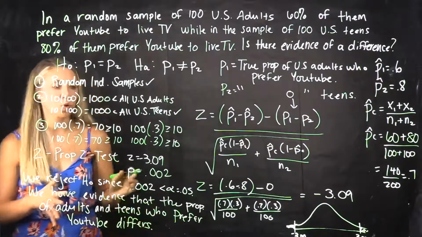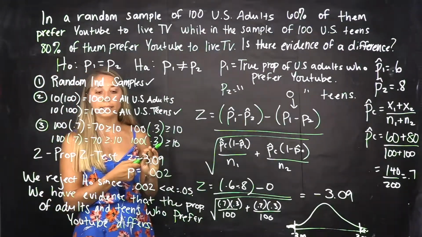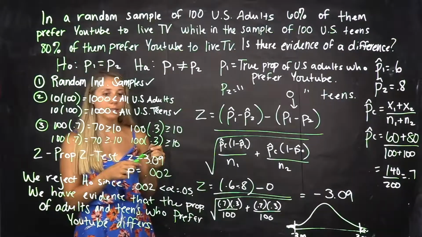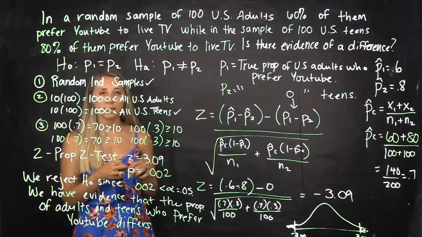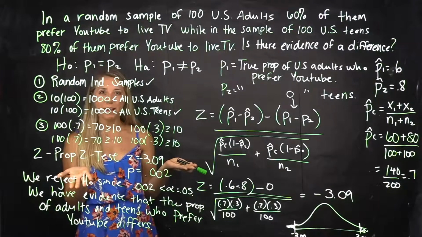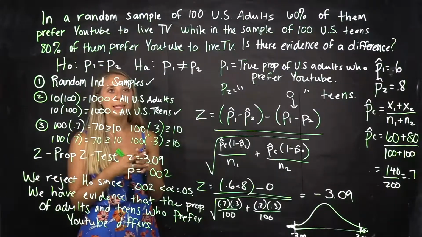Because our results were so extreme they wouldn't be happening by chance, we have evidence that these two proportions in these different populations in fact differ. There you have it, a two proportion Z test.